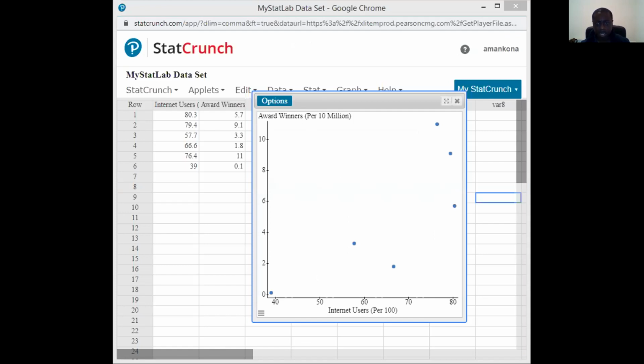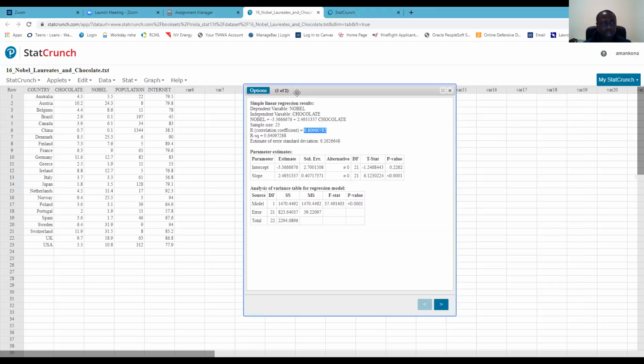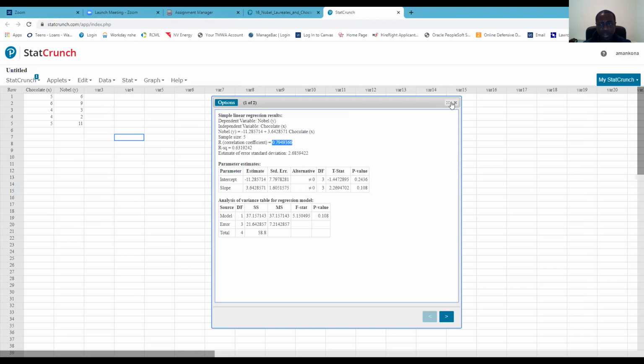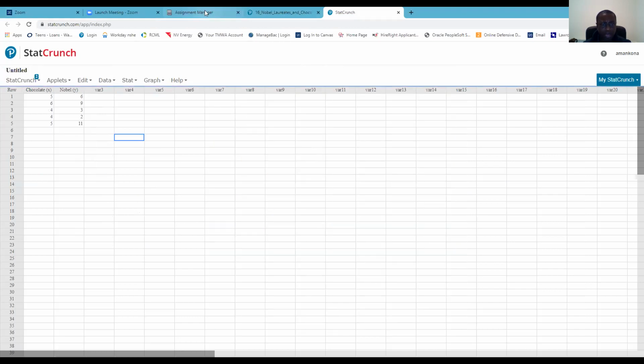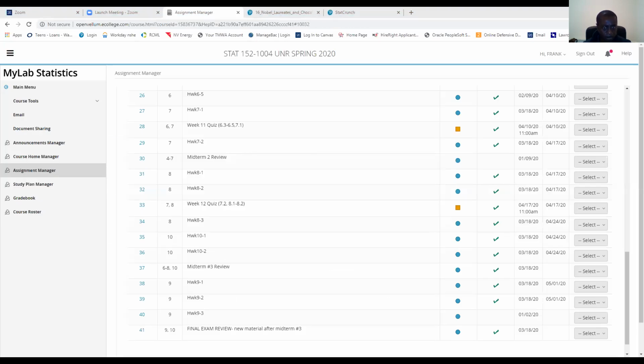Now let's open this and start calculating the correlation coefficient again. All right, so here is the StatCrunch.